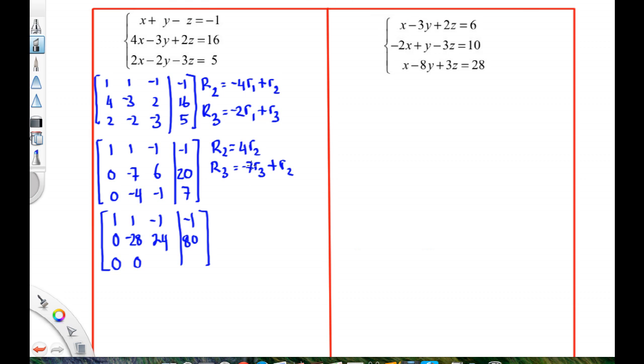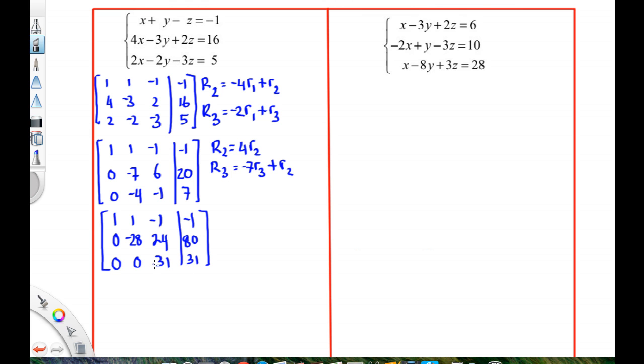And then I do a negative 7 times a negative 1, and that is 7, and 7 plus 24, the new one, 7 plus 24 is 31. And then a negative 7 times this is a negative 49 plus 80, and a negative 49 plus 80 is actually 31 as well.